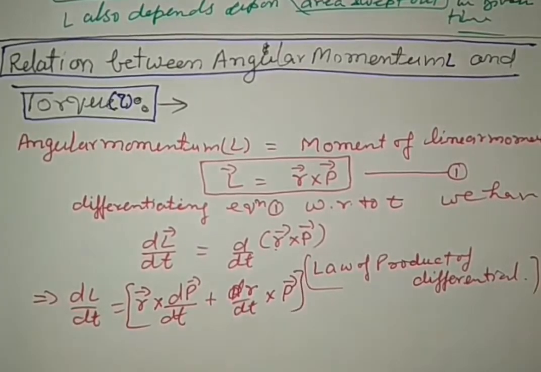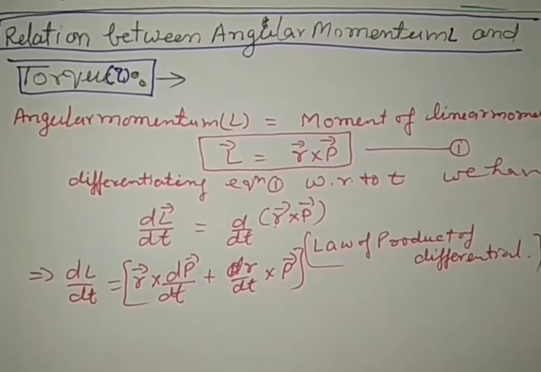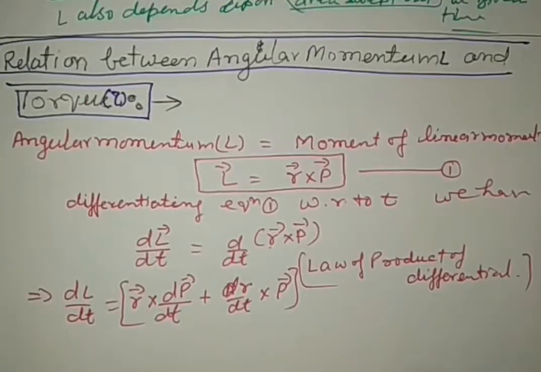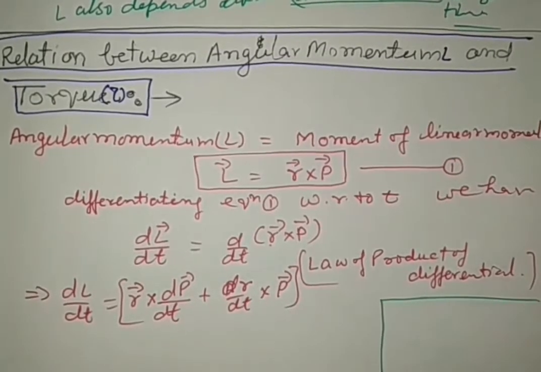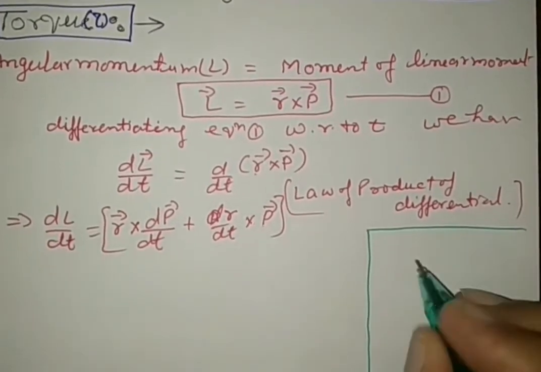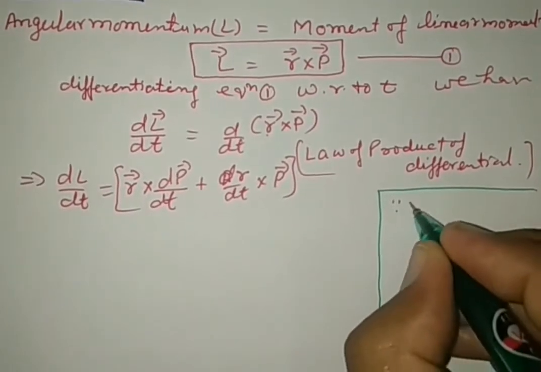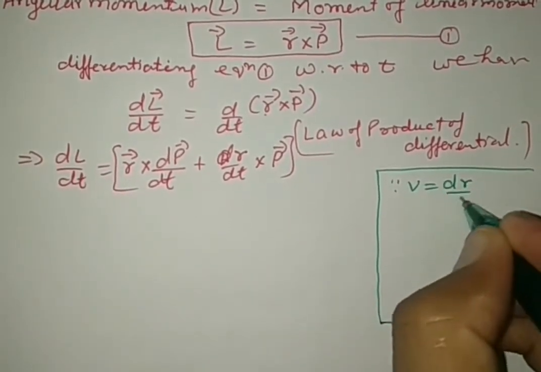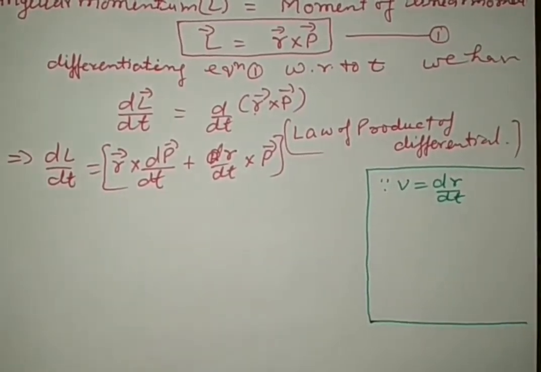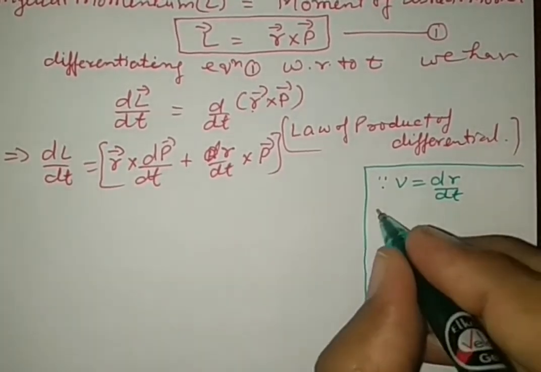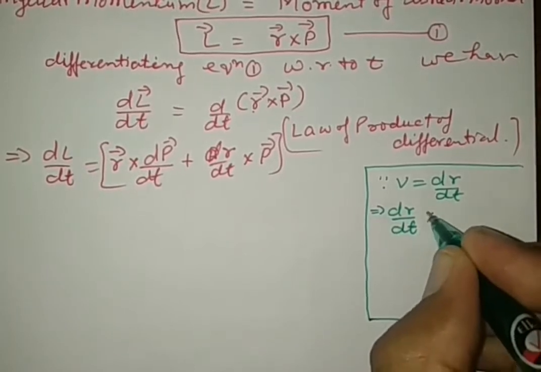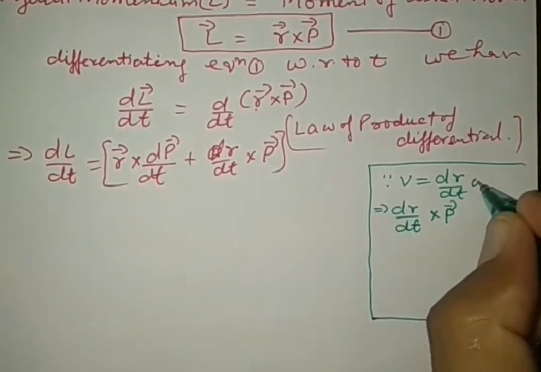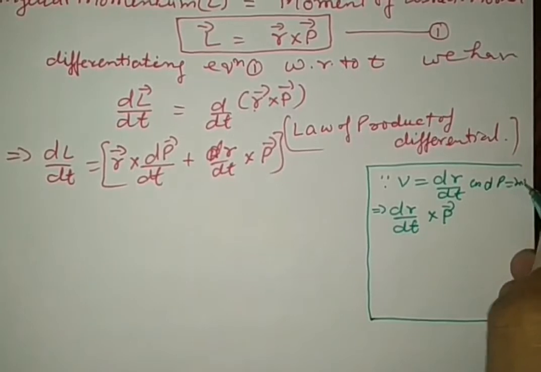See this carefully. Now see some terms here in the green box. Since velocity v is equal to dr by dt, this implies dr by dt cross p, and we know p is equal to mv.